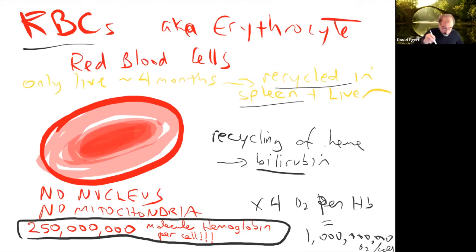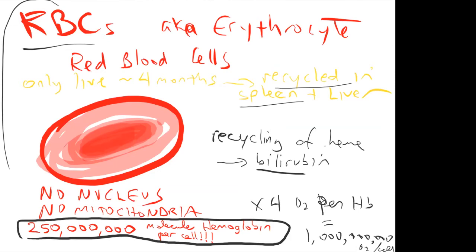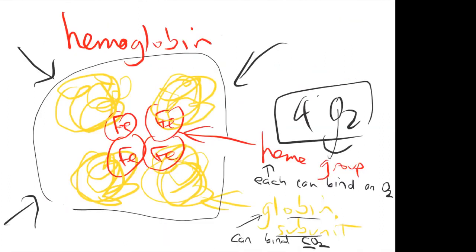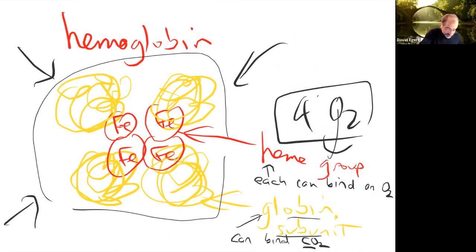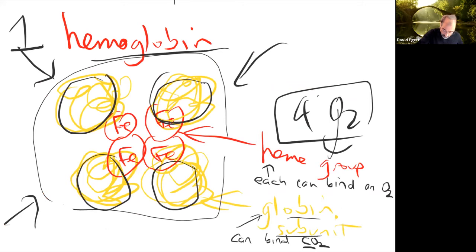So any questions about red blood cells? Do you mind just going back to the other slide really quickly? Thank you. Yeah, so this is a single hemoglobin. It has these 4 globin subunits, again, which have the ability to bind carbon dioxide.